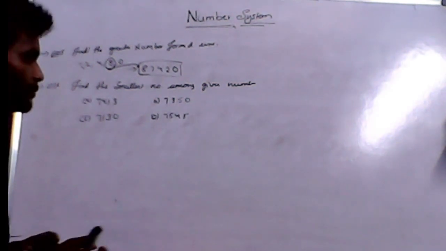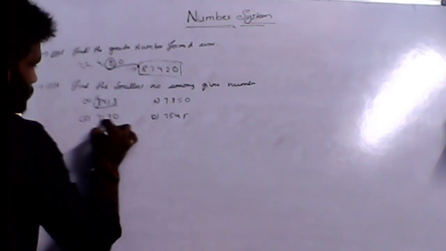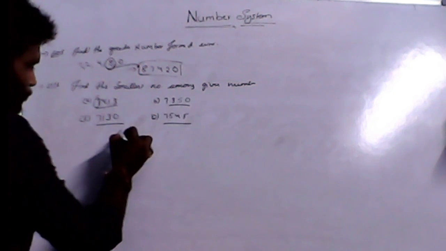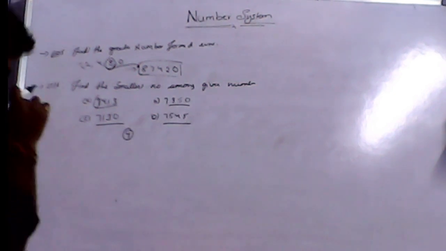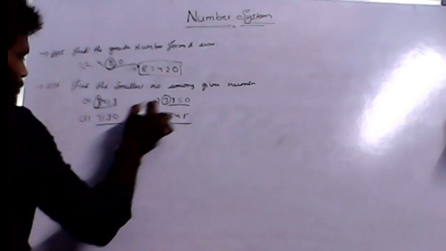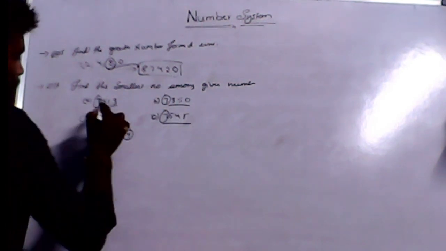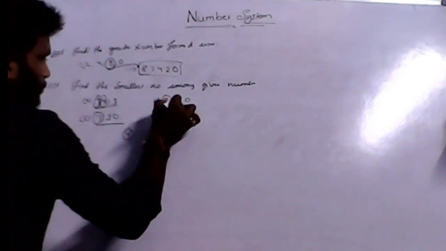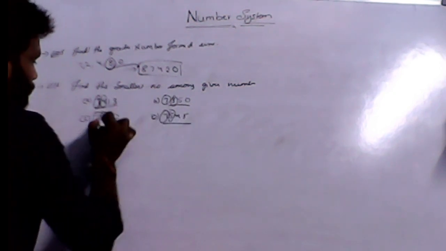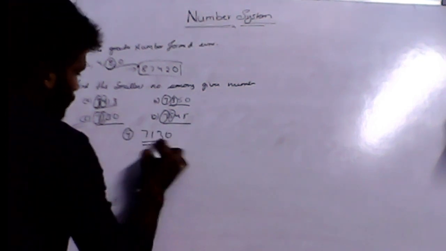To get the smallest number, how can we compare? First compare the number of digits. Everyone has 4. Then we compare the leftmost places. Everything is equal, and then the second leftmost: 351. So C is the answer. 7130 is the smallest number.